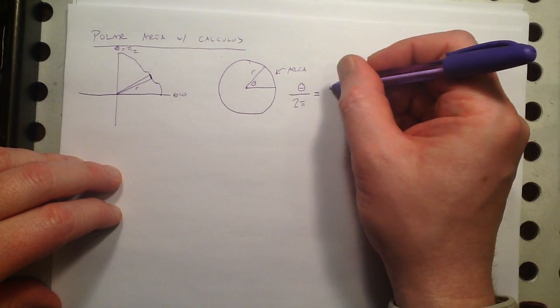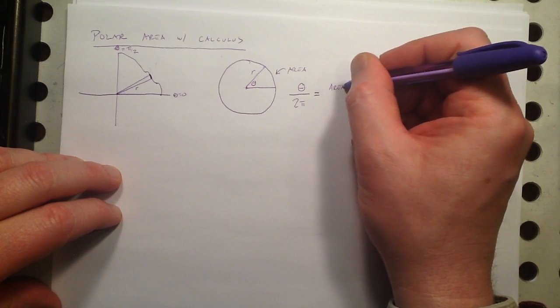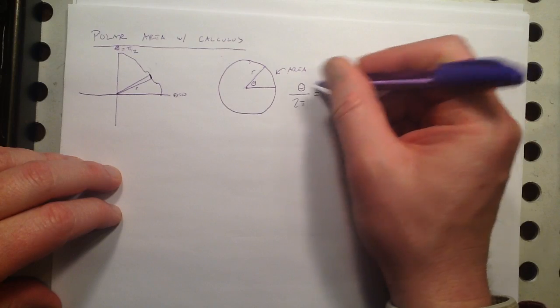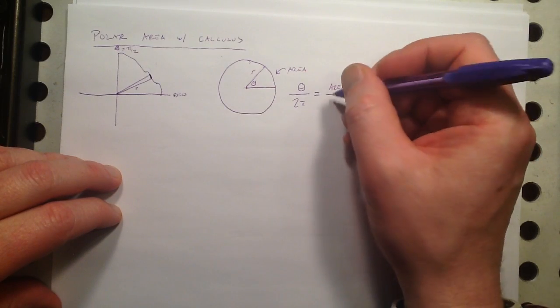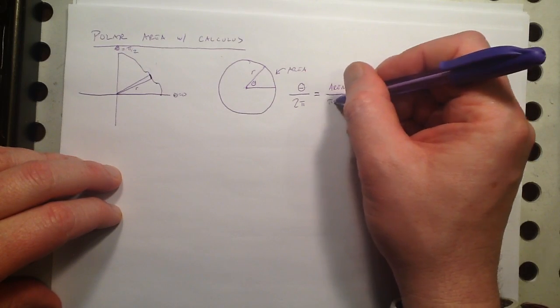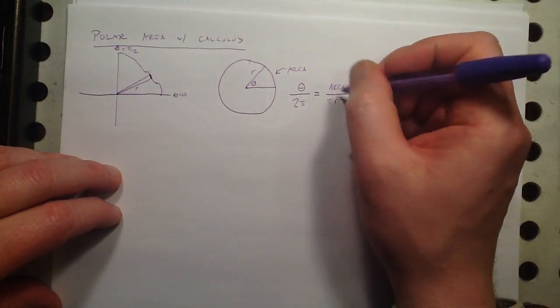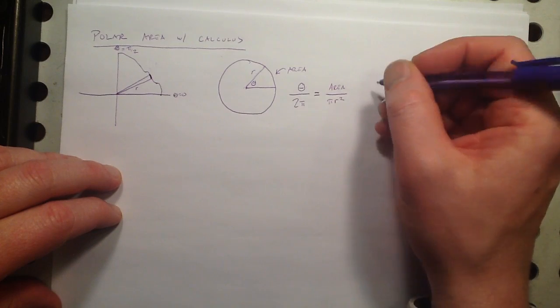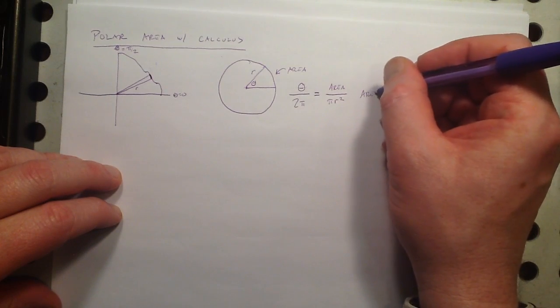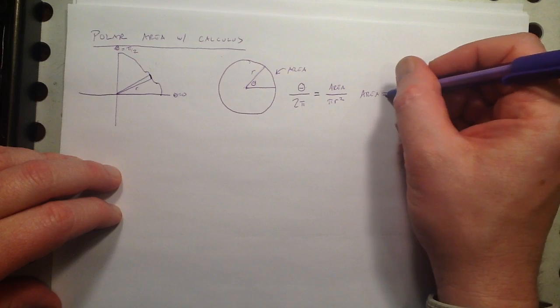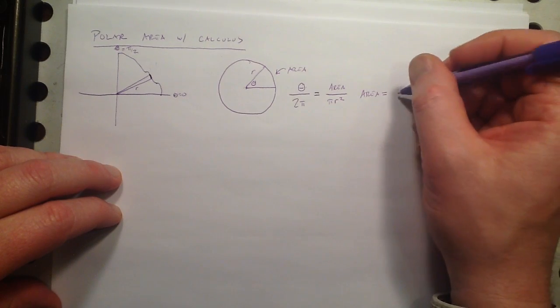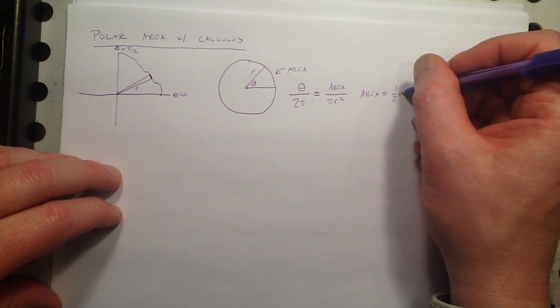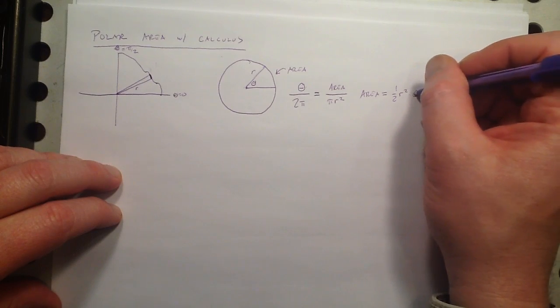So the area of my slice, I don't know, but that's out of a total, and the total area of the whole thing is pi r squared. If I cancel the pi's and solve for area, you can see that the area of a sector is equal to 1/2 r squared times theta.